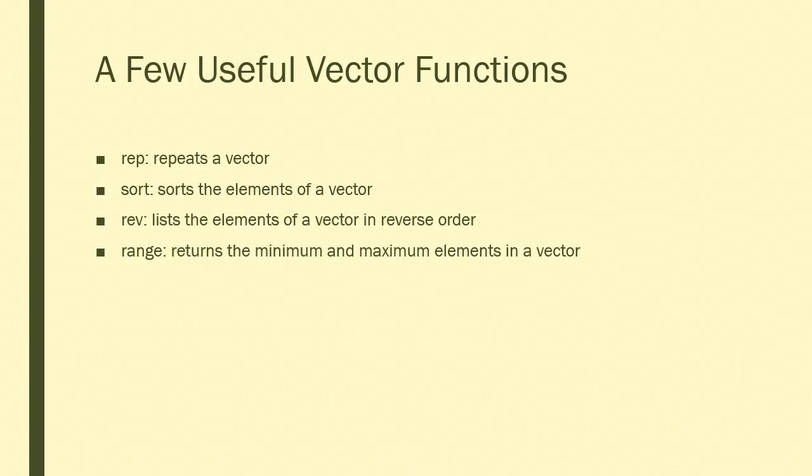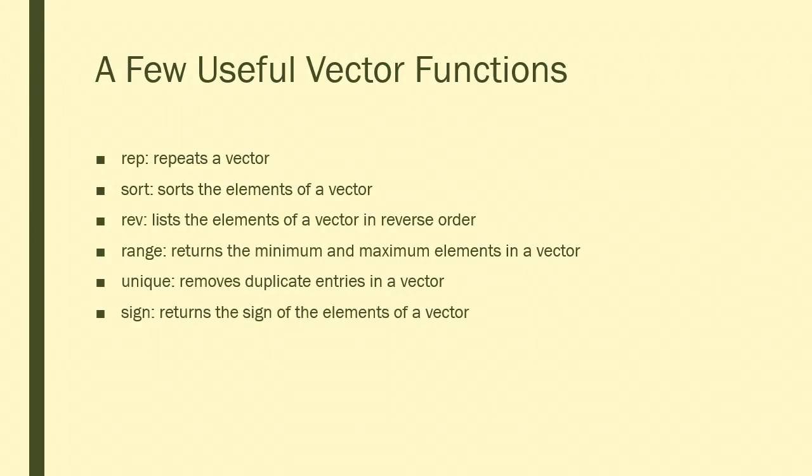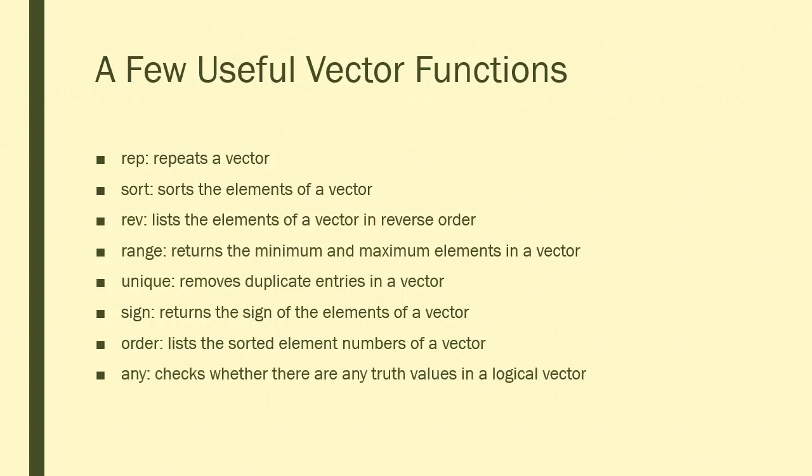Range returns the minimum and maximum elements in a vector. Unique will remove the duplicate entries in a vector. Sign returns the sign of the elements of a vector. Order will list the sorted element numbers of a vector. Any will check for whether there's truth values in a logical vector.